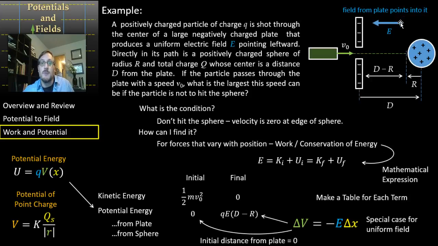One thing to note is that the electric field from the plate points into the plate, which in this case would make E negative. So if E is negative, then that's going to make its contribution positive. The difference between the potential at this point and at itself is going to be delta x equals 0, which is 0, right? So the initial distance from the plate is 0. We can use this as a reference point for that contribution to the electric potential.